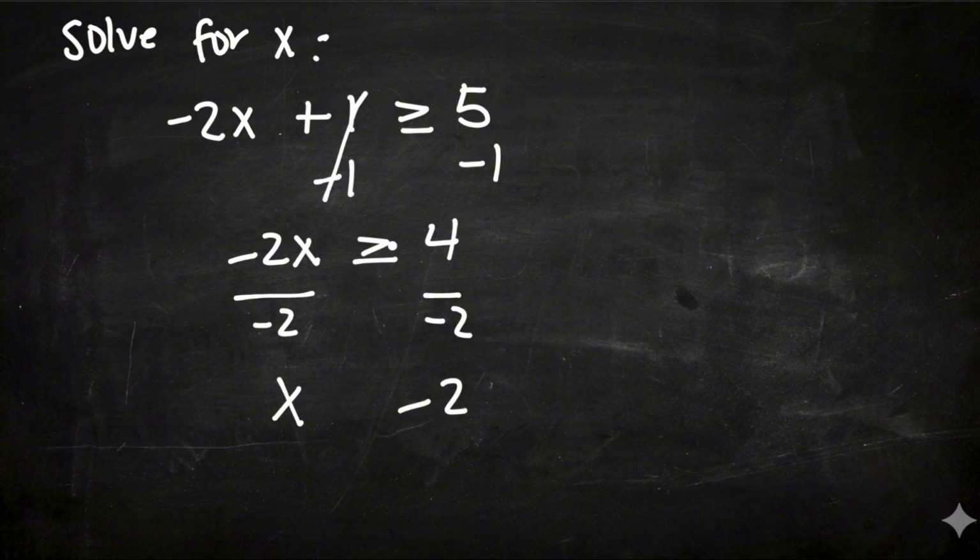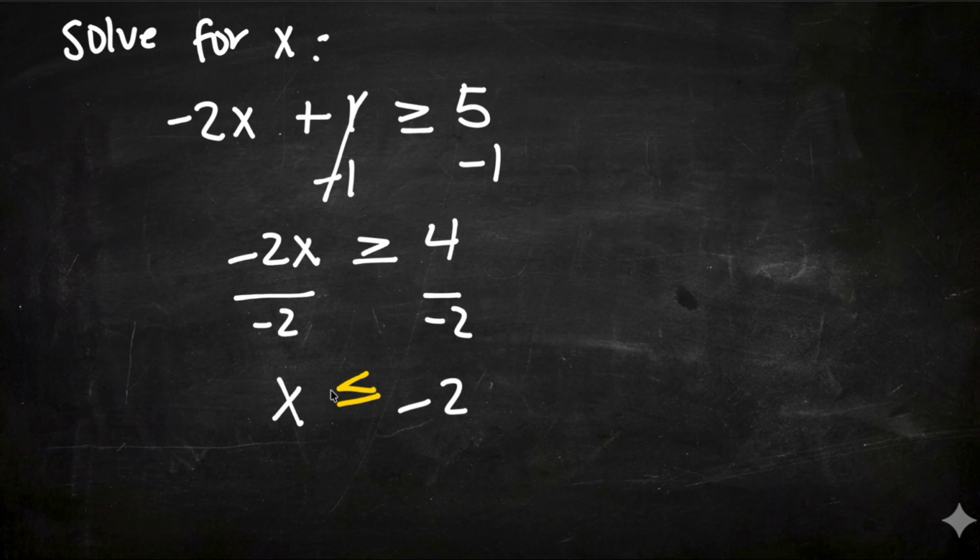If the inequality was a less than, it becomes a greater than. Since I divided by a negative number, I have to flip my inequality, and so instead of greater than, I'm going to have less than. Don't forget to keep the equal to, because that is not going to change. The only thing that's changing is the greater than or the less than.